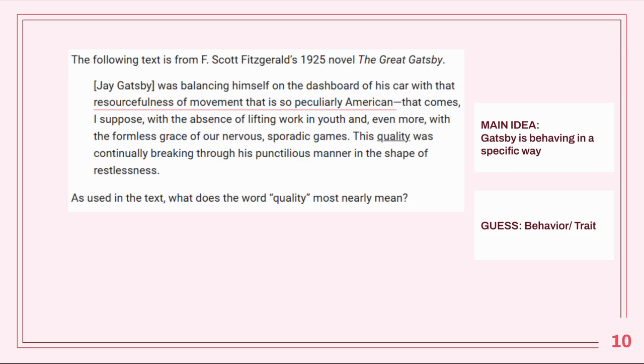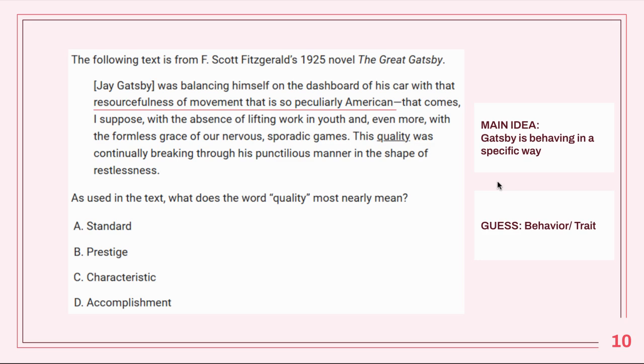This behavior was continually breaking through his punctilious manner in the shape of restlessness. We're talking about his manner, right? So if we're talking about the manner, the way you behave, we're talking about a trait of his, that resourcefulness of movement, which is so American, it's kind of breaking through the way he's behaving or holding himself. So the word manner should point you to words like behavior or trait, something about his character, how he's behaving or presenting himself.